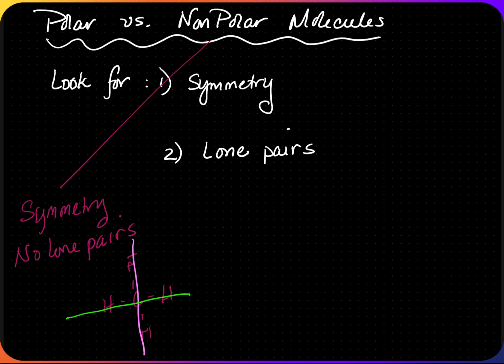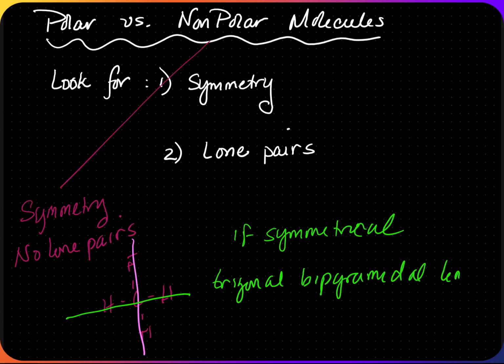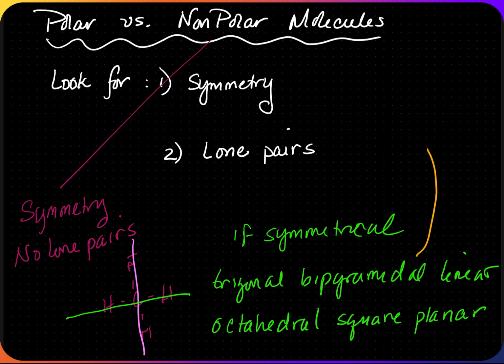There are two exceptions to the rule. If it's symmetrical and is trigonal bipyramidal linear, or octahedral square planar, these are also nonpolar. A trigonal bipyramidal linear looks like the following.